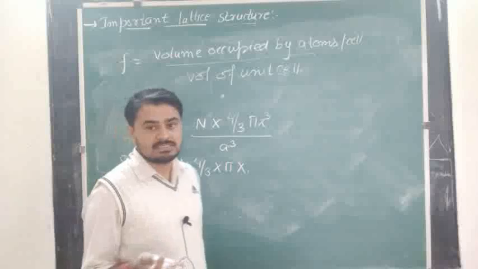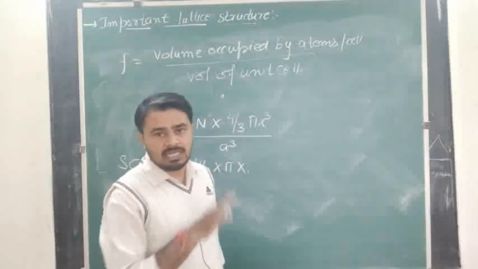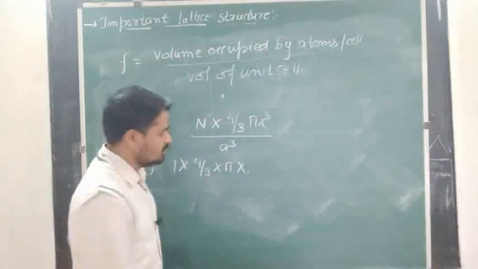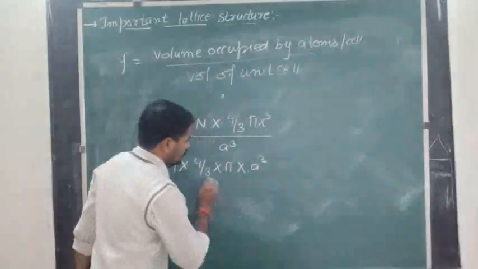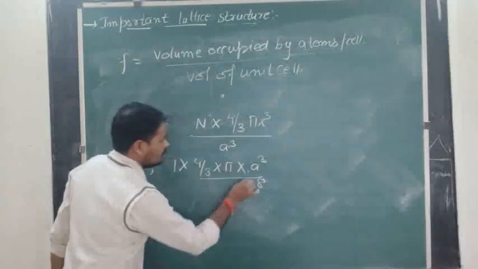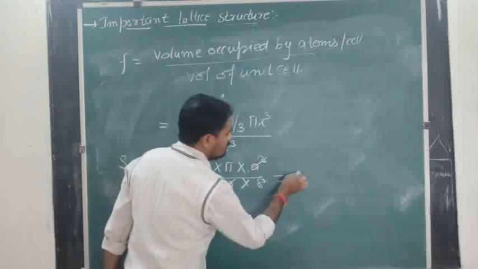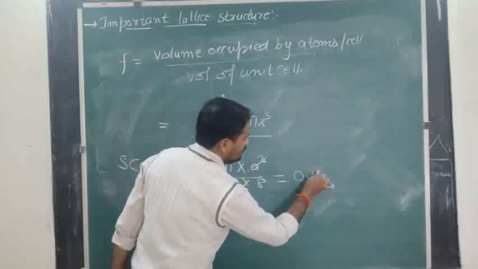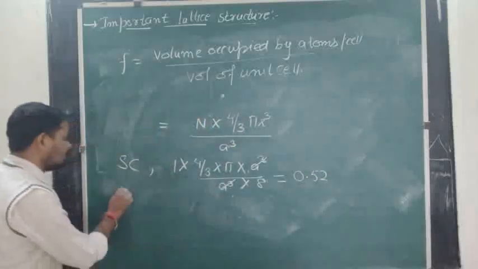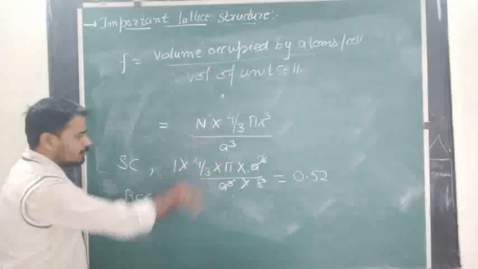R is A by 2, as I discussed just now. That is A cube by 8 into A cube, which cancels out. You will solve it and the value becomes 0.52.